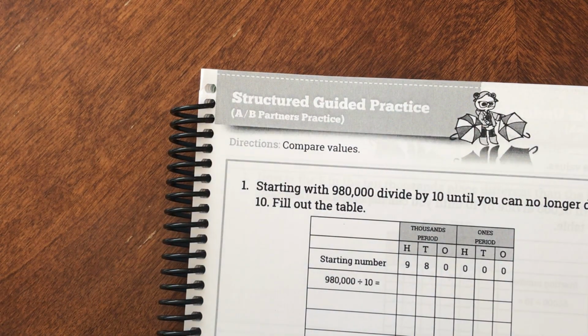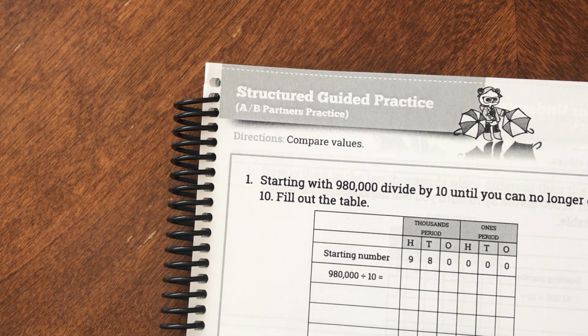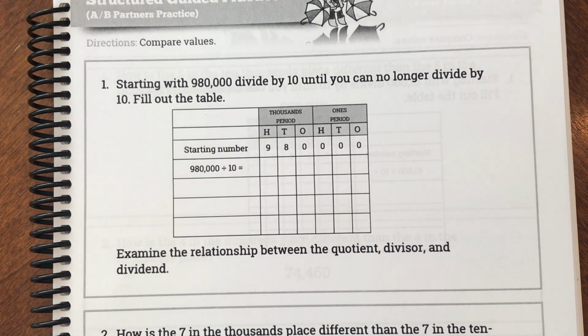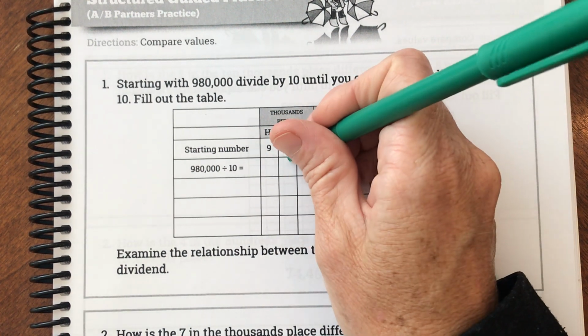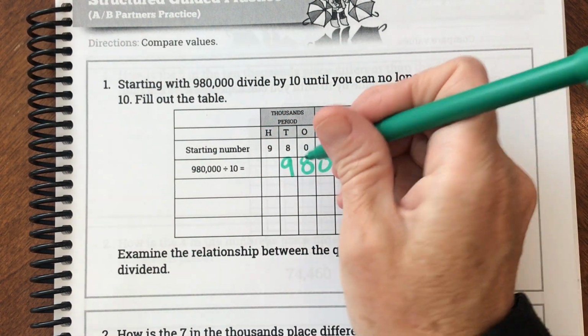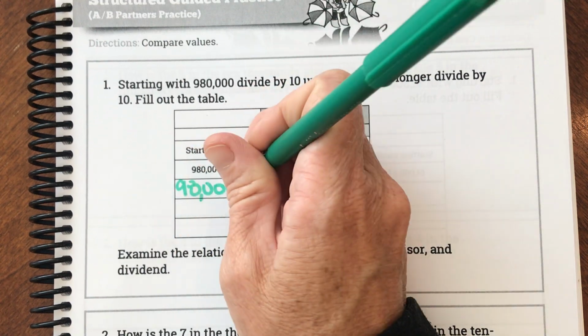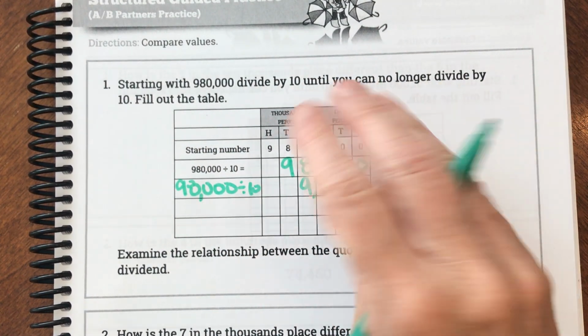We are on page 192. And our first question is this idea of this pattern that we were filling in. So we have 980,000 divided by 10. And I'm just noticing as I'm dividing, it's getting smaller. So I'm going to move it this direction, which gives me 98,000. So 98,000 divided by 10, we're going to move it in our pattern moving this way.